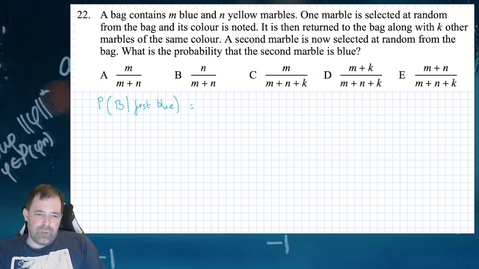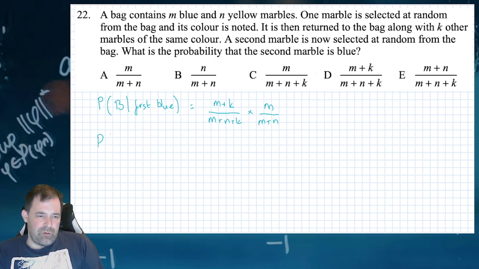So the probability it's blue given the first is blue is the probability of it being blue times the probability the first is blue. So it's going to be that one, m plus n plus k, times m over m plus n.